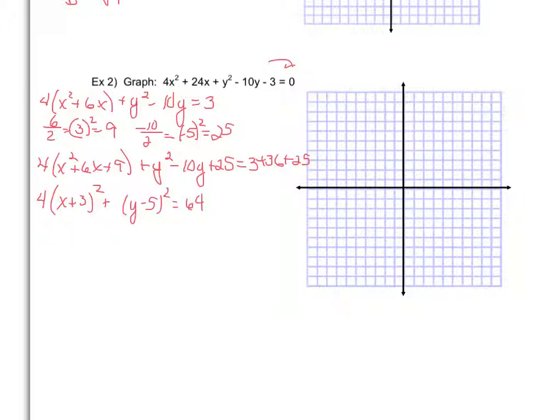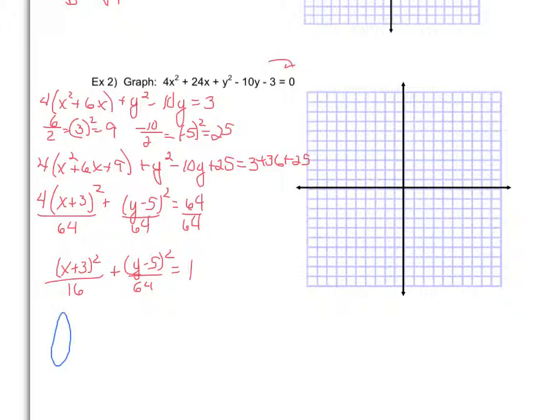Again, ellipses are equal to 1, so I'll divide both sides by 64, giving me (x plus 3) squared over 16 plus (y minus 5) squared over 64 equals 1. Now I'm ready to gather my information needed to graph it. First of all, y is over the larger number, so my orientation is stretched vertically.